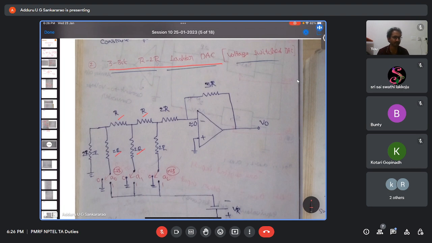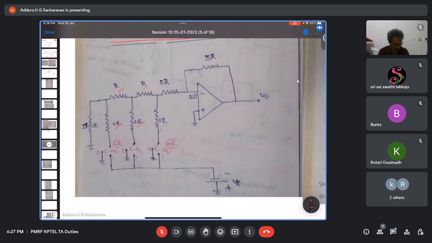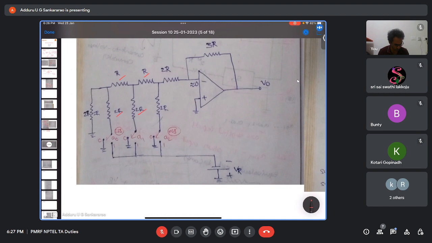And this kind of question I have solved earlier. In this we can have two kinds: one is the voltage switch DAC, another one is the current switch DAC. The voltage switch DAC means it is connected to a reference voltage VR, and the last 2R resistance you leave it, and from the next onwards, this is A0, this is A1, this is A2, the MSB.